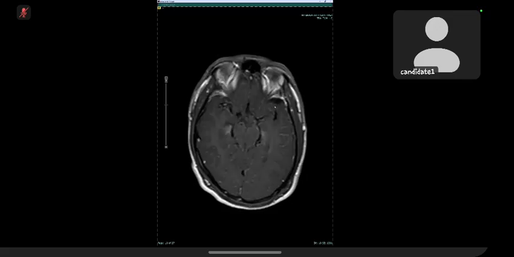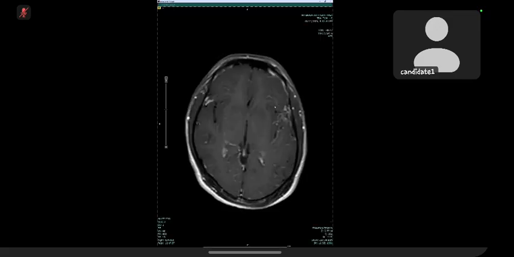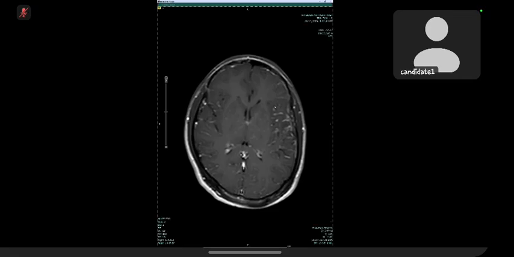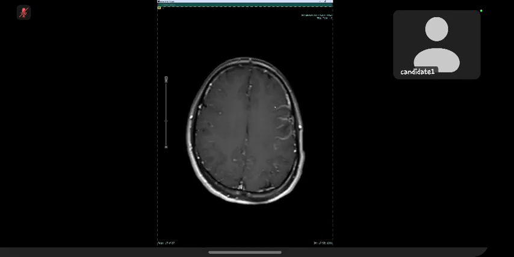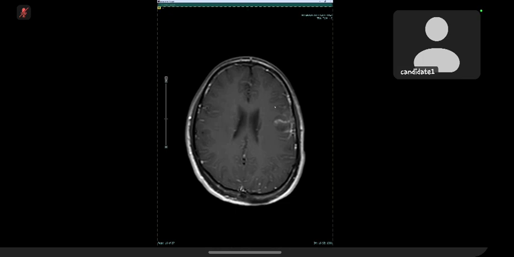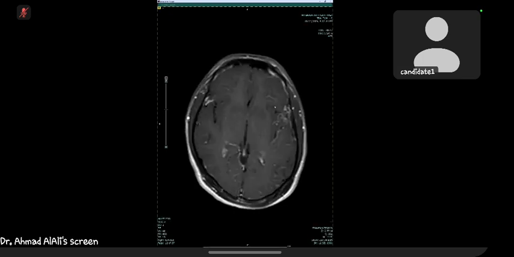So that is dural venous sinus thrombosis. And apart from this, I can see in the post contrast images there is significant hyperintensity noted along the sulcal spaces in the left frontoparietal lobe. Apart from this, there is pachymeningeal enhancement.